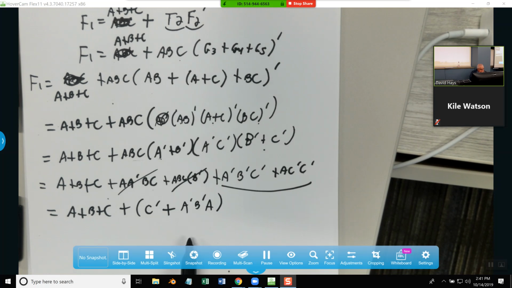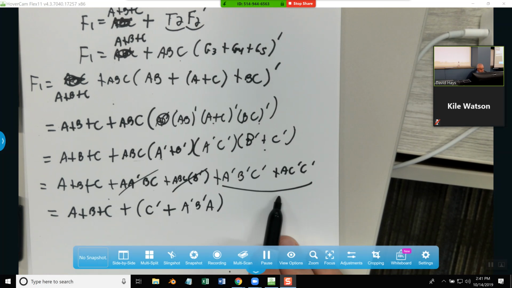You see where we're all wrong? I can see where this goes to 0, drops away, but I don't see how the C prime drops away.